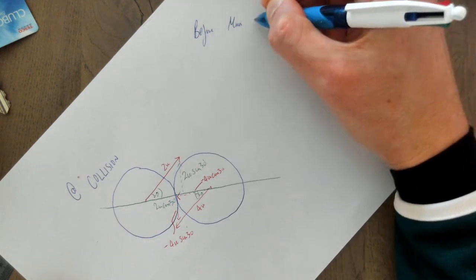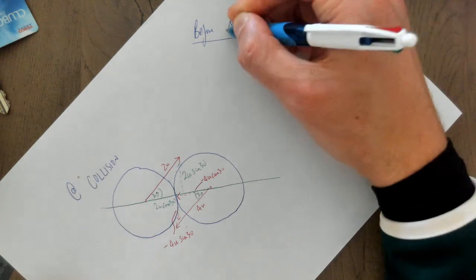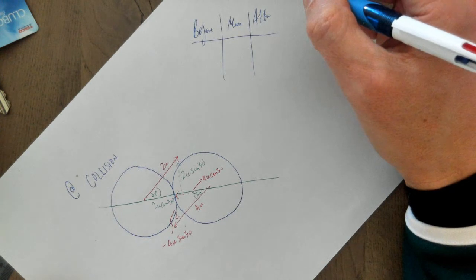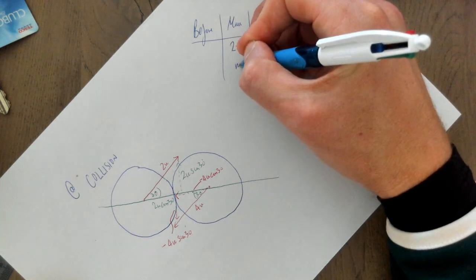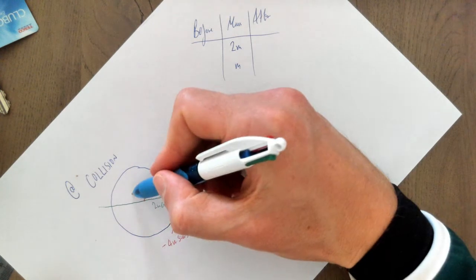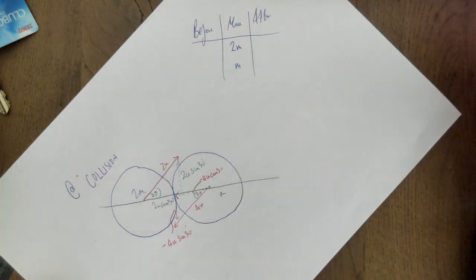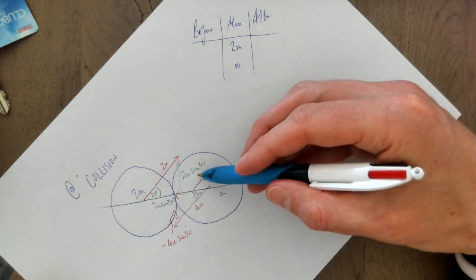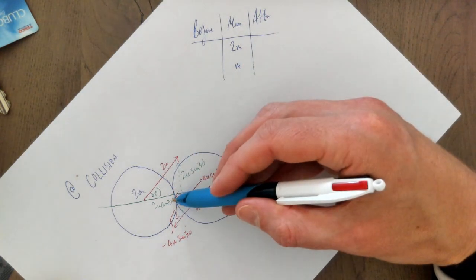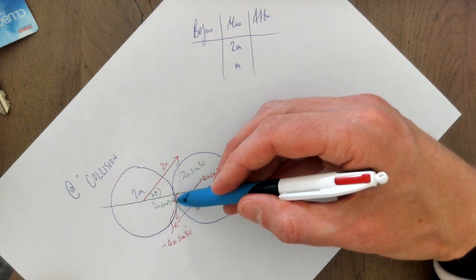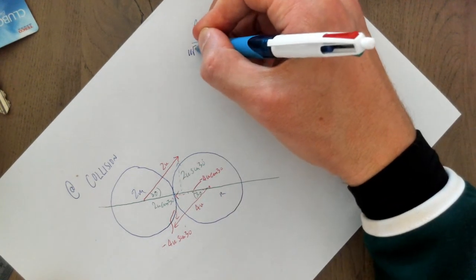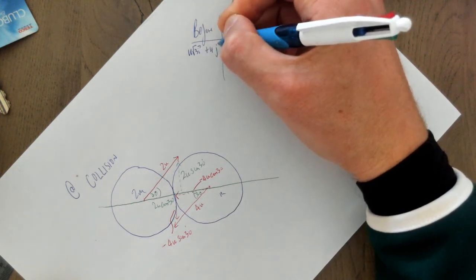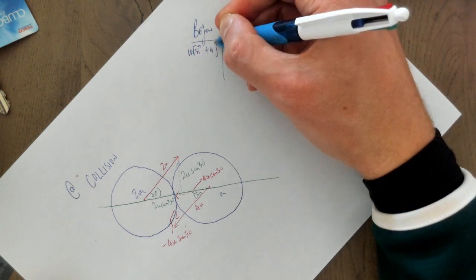before, mass, after. 2m and m, don't we? This one's 2m. That's m. So 2u cos 30 is root 3u, isn't it? So u root 3 i plus uj, because sine 30 is a half.